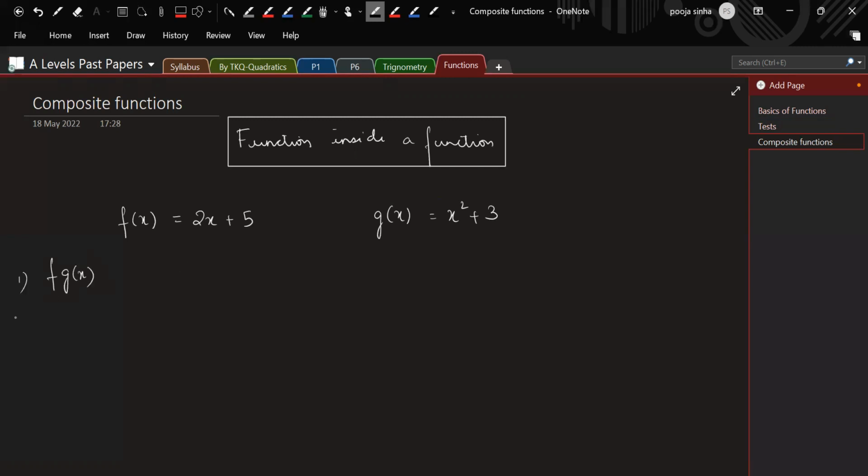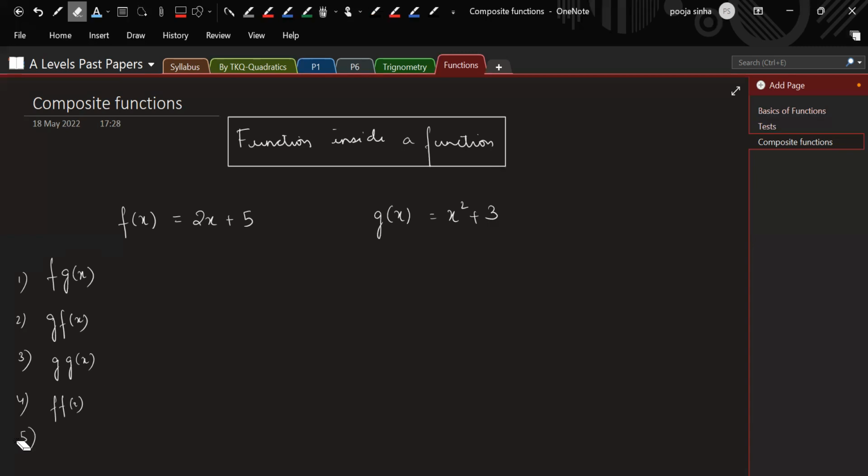I can have a question which says find out g(f(x)). I can have a question which says g(g(x)), or f(f(x)). And the fifth variation could be the inverse of all of these. That is what you can expect from this particular question. Did you get my point? What questions can be asked of you.